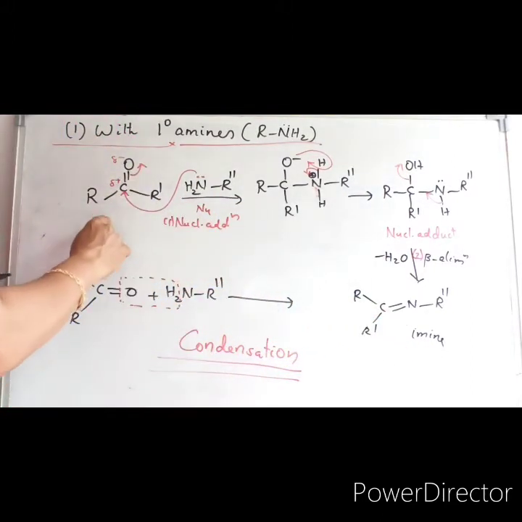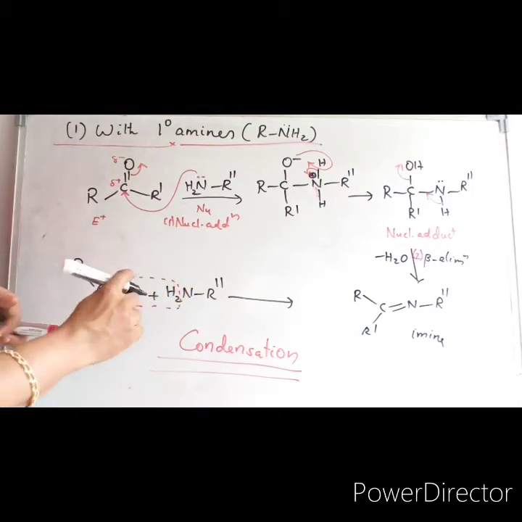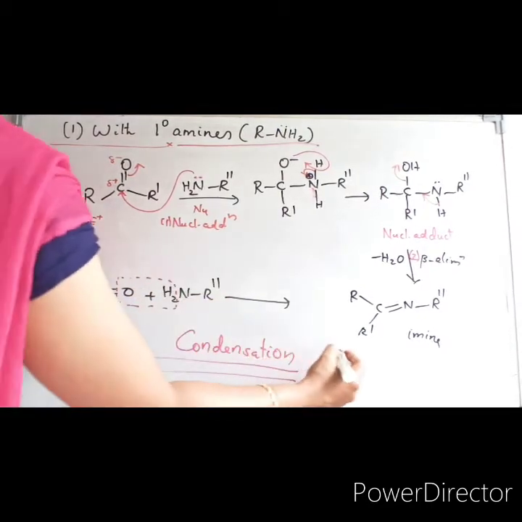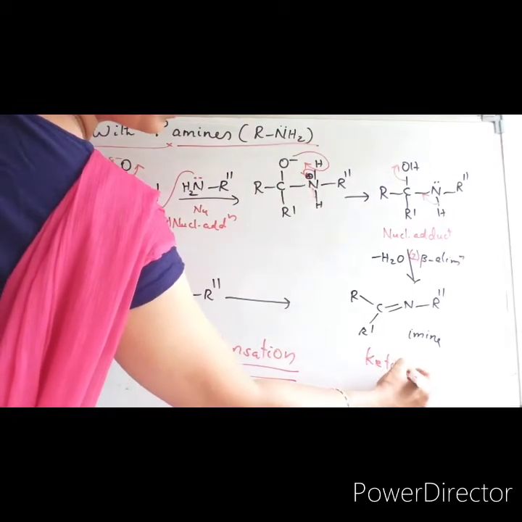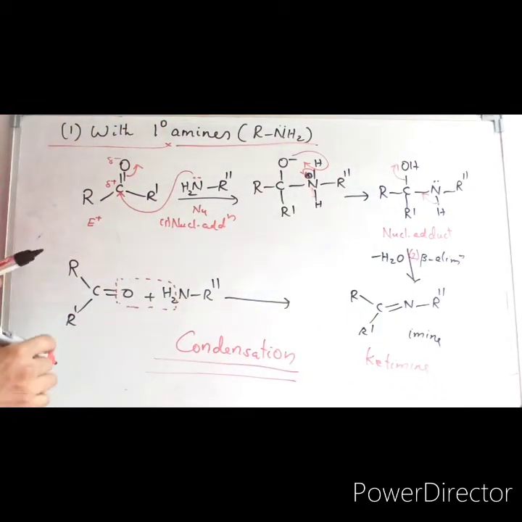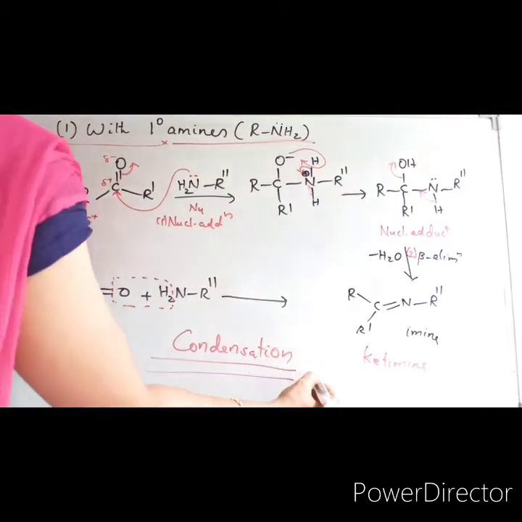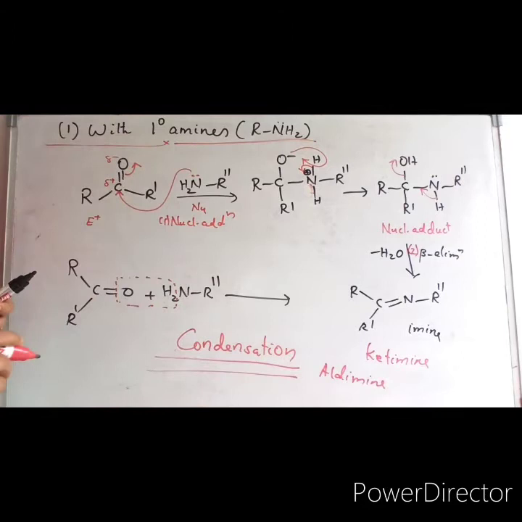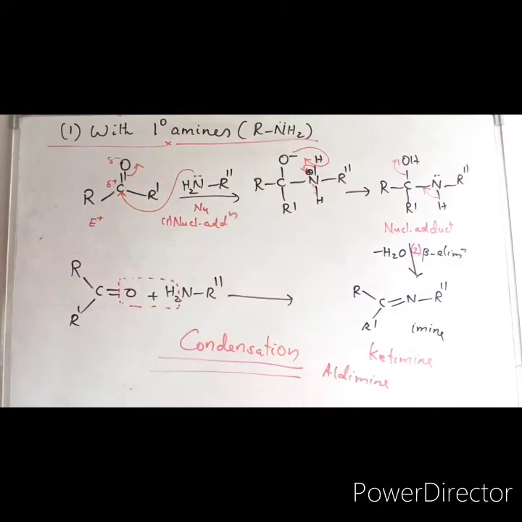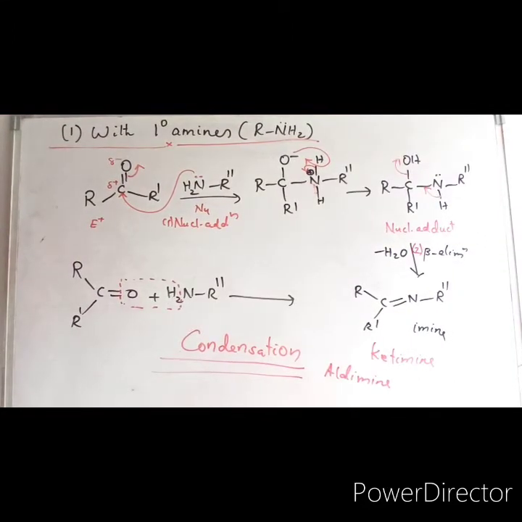Since here I have taken a ketone, the product formed will be a ketimine. If it is an aldehyde, that will be an aldimine. So this is the condensation product of carbonyl compounds with a primary amine.